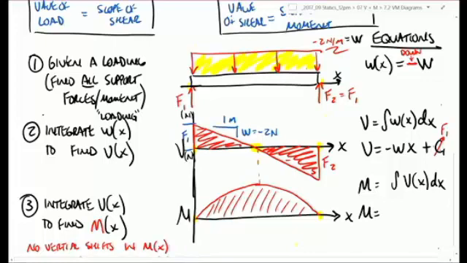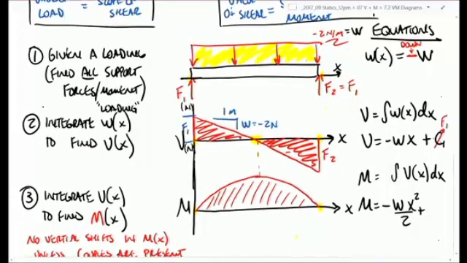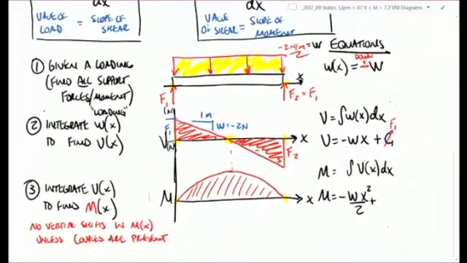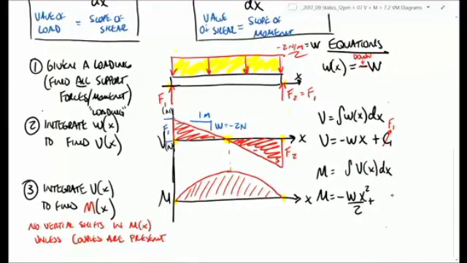And so my moment is going to equal negative w times x squared over 2 plus, I'm going to run out of room here, plus f1 times x plus c2. Right? So I just integrated this function here. That's with x squared over 2. It's another integral dx. What is my value of c2 for that moment function?